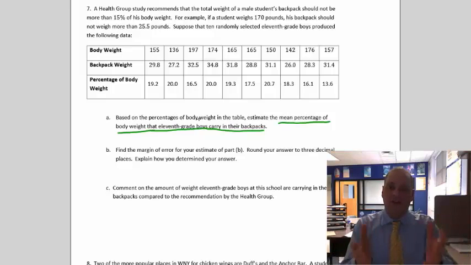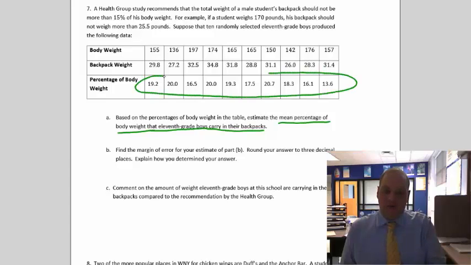The average of your sample is about the average of the population. So if they ask you to estimate the population, you're just going to take the average of your sample. So again, average all these percentages up.